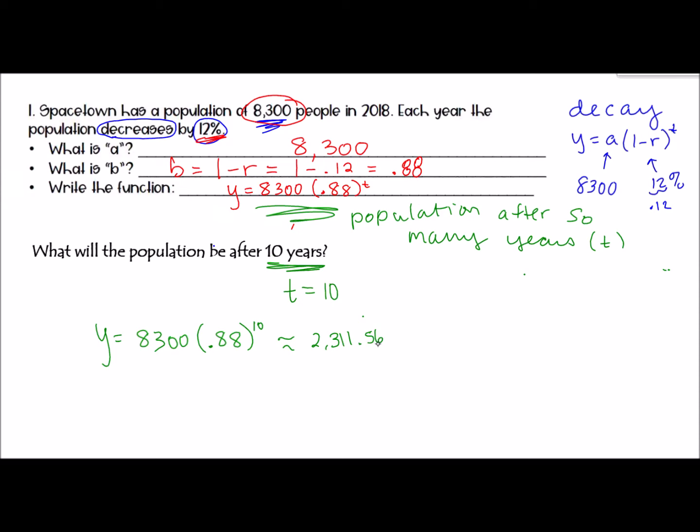Now that's talking about population. That's the number of people. Obviously, we can't have 0.56 of a person. So I would just round that down and say 2,311 people. Ouch, that Spacetown's going out of existence. What's happening to all of them?